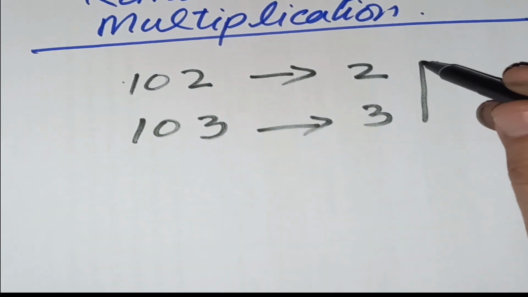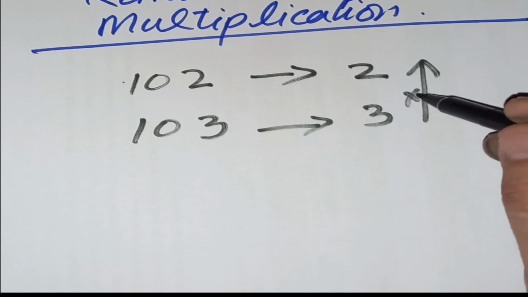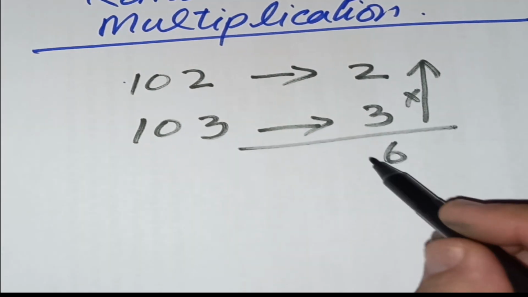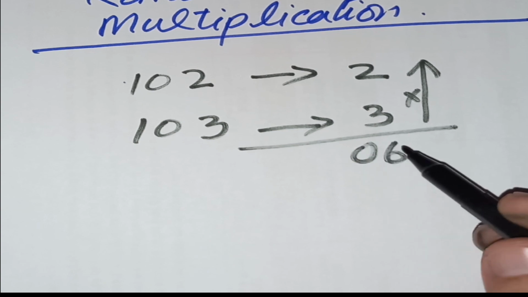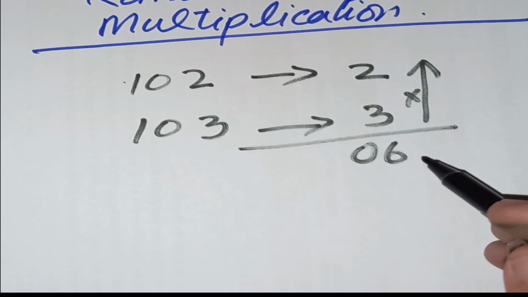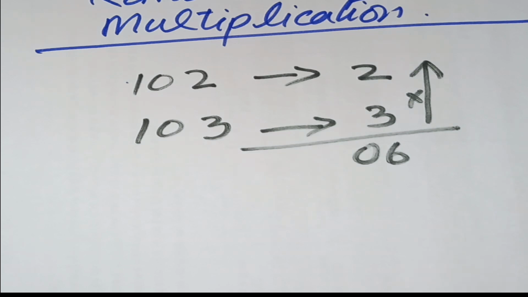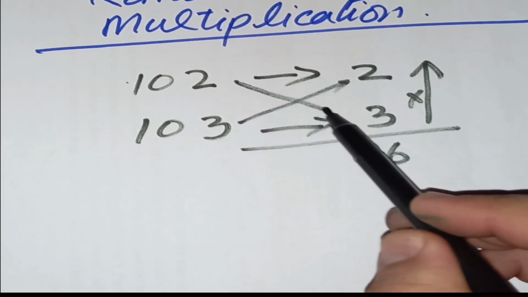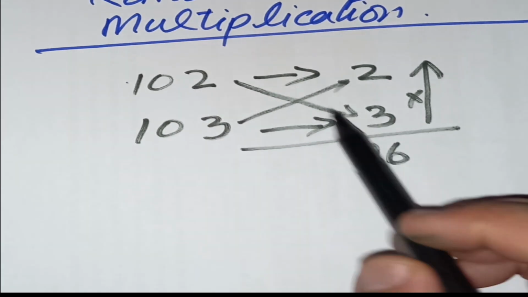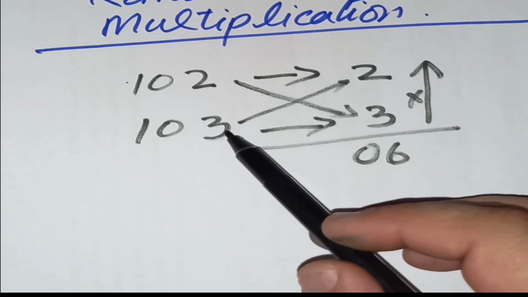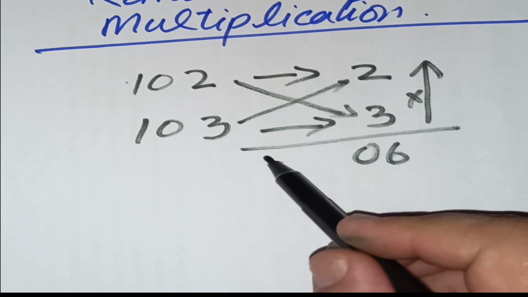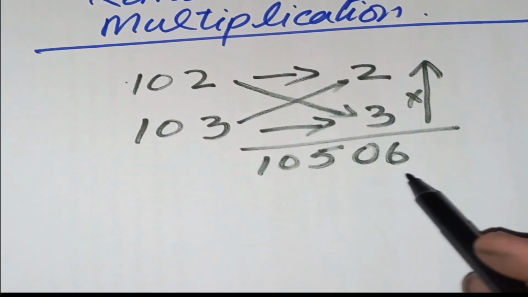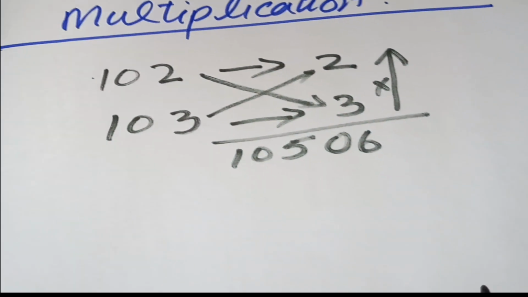We will multiply 2 into 3, which is 6, but we take 2 digits, so 06. After that we add these two, or we can add 103 plus 2, which becomes 105. In both cases the answer will be the same. Isn't it easy multiplying these two numbers?